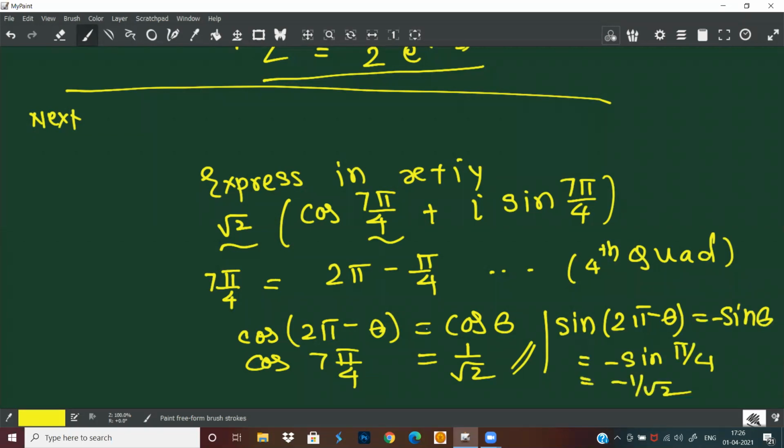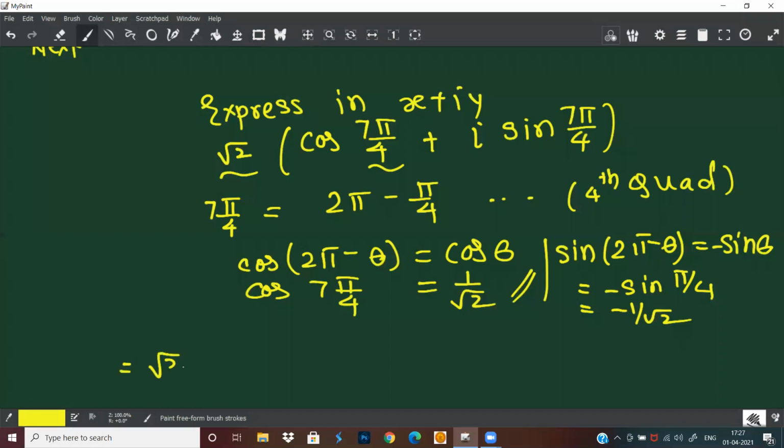So what have I prepared? The value of cos 7 pi by 4 is 1 by √2, and the value of sine 7 pi by 4 is minus 1 by √2. So we need to substitute. It's simple.